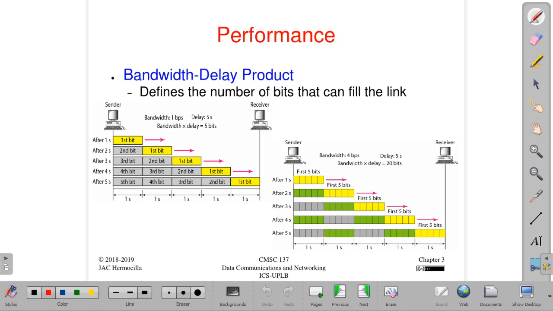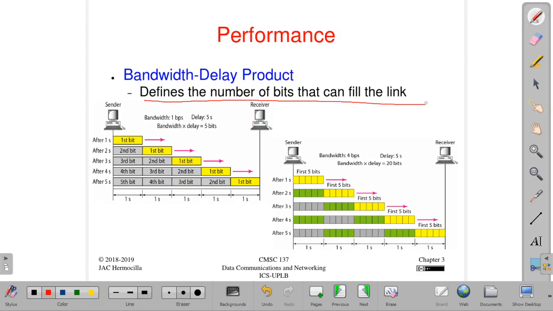We also have another measure called the bandwidth delay product, which defines the number of bits that can fill the link.